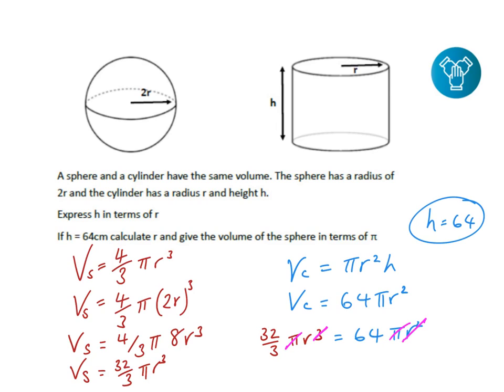And then I want to move that 32 over 3 to the other side. So when I divide by that, I'm left with r on the left. And then when I move the 32 to the other side, I'm going to divide that to give me 2, times it by the 3 is going to give me 6.